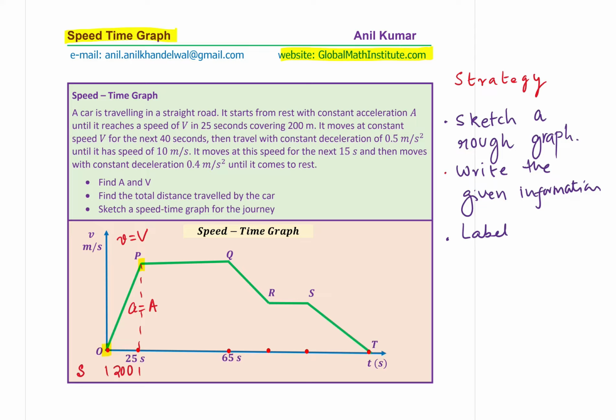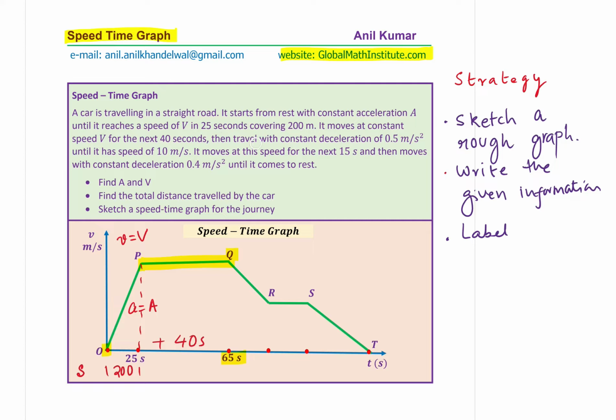The next phase is that it moves at a constant speed v for the next 40 seconds. So adding 40 seconds to 25 seconds, we get 65 seconds. This is the derived information from the question.